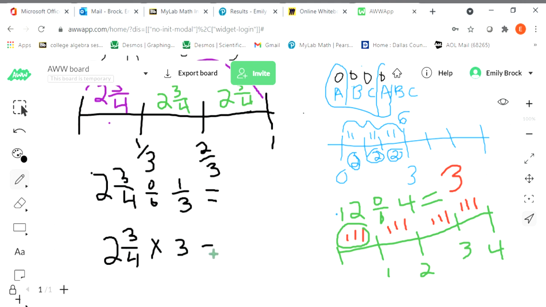I'm going to use the distributive property. I'm going to say that's 2 times 3, just because I'm doing it in my head. That's 2 times 3 plus 3/4 times 3. Now, you can figure this out however you want to. For the homework, the main thing I'm looking for is that picture up there, the number line, and then the final answer.